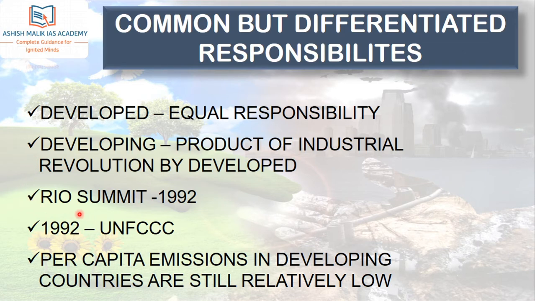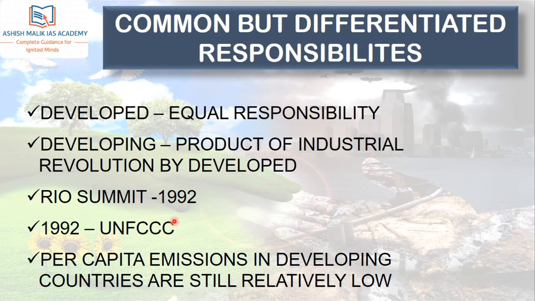Now, a similar argument was given by UNFCCC, which is the United Nations Framework Convention on Climate Change. This convention also gave a similar argument in the year 1992, which said that the parties, meaning the parties to the UNFCCC, should act to protect the climate system.